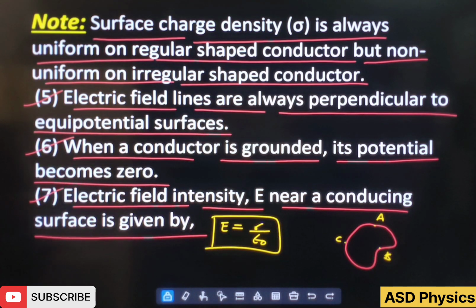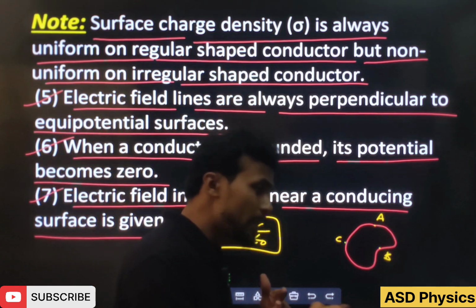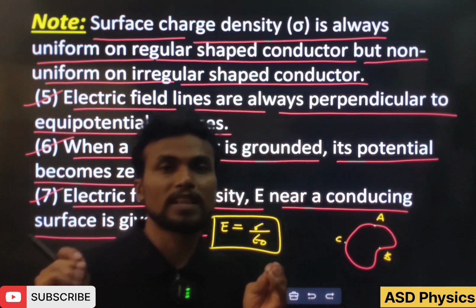As sigma is different, the electric field will have a different value for an irregular shape conductor. Regular means sigma is the same everywhere, so the electric field is also the same.